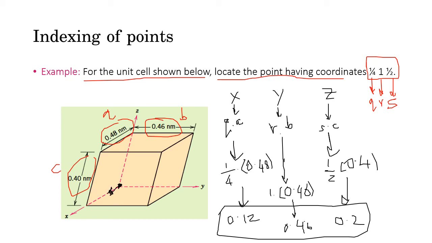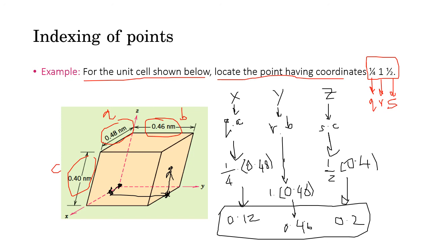Then we have to travel the entire edge length along y-axis because the fraction R is 1. So we come here, and finally half along z-axis, or 0.2 along the z-axis, slightly slanted here, so half of that. So this is the point P.